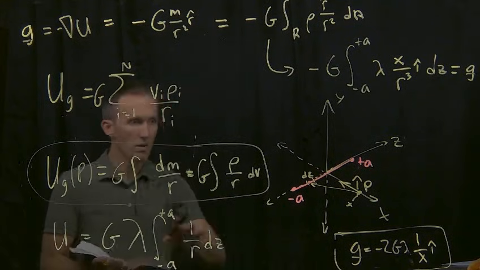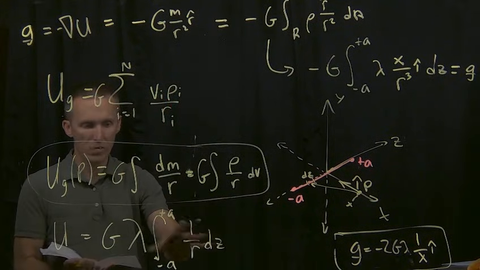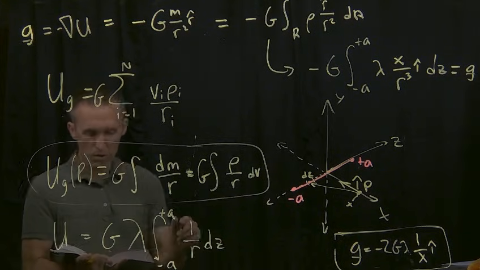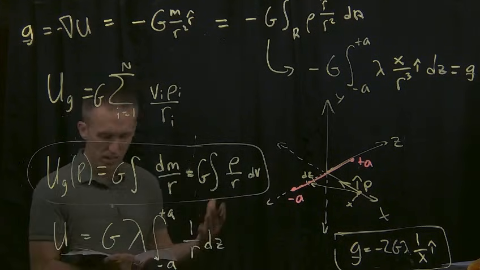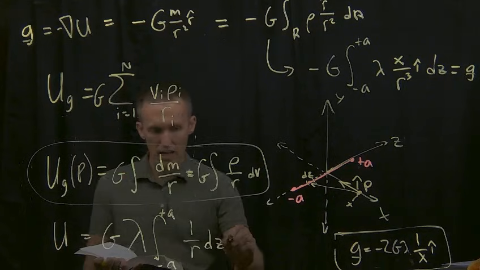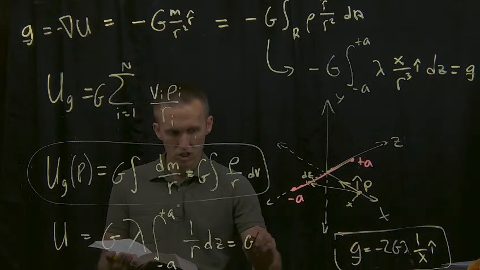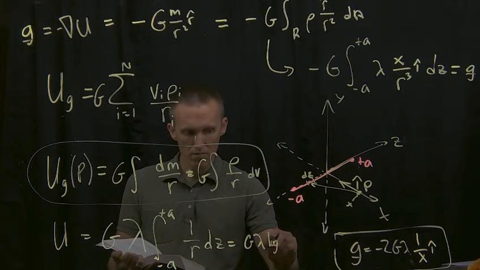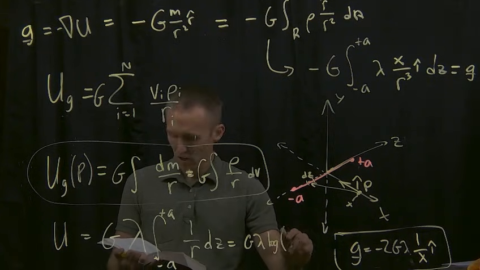So we're going to start out with the finite length wire. We're going to take the limit as a goes to infinity. For the potential, we're going to get some complicated expression, which is a function of a. So we're going to get G times lambda times something which is the log of a function of a.